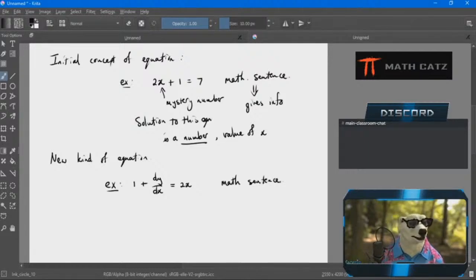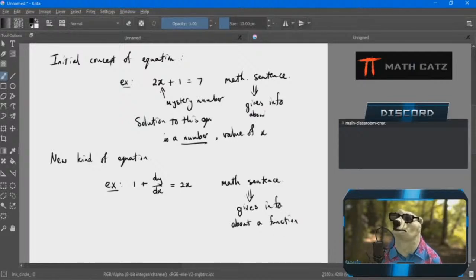It has information, but what it's giving me information about is about a function and not about a mystery number, but instead about a function y of x.